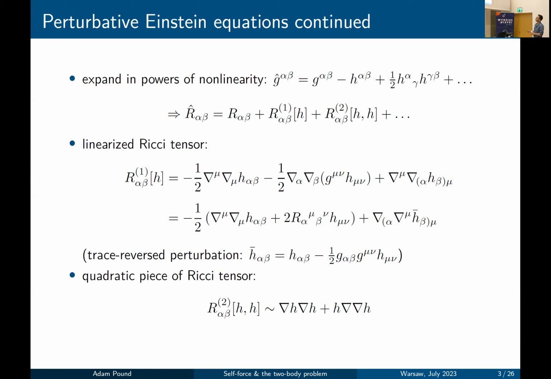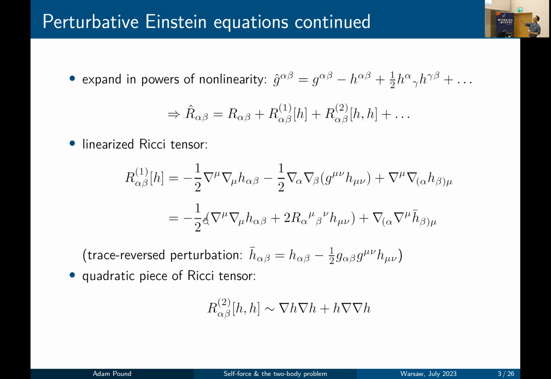The first term, R1, is just the usual linearized Ricci tensor, which hopefully everyone has seen before. It's just a simple linear operator acting on h. There are different ways people write it. This is a common way that I'm going to be referring to as we go forward.